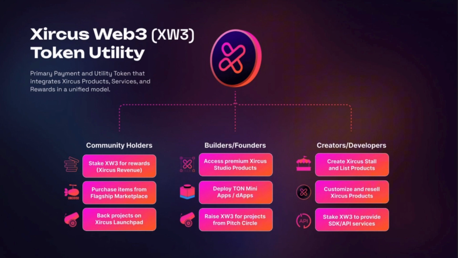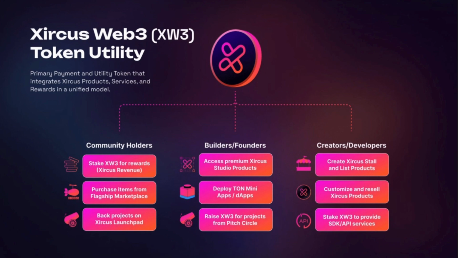And the same diversity applies here as well, where creators can list NFTs or Telegram stickers, tickets, or even tokenized RWAs like collectibles or real estate. So by using the XW3, they can set up their stall and reach the community. I would say the Circus community, but we have a bigger plan, but that's something for later.